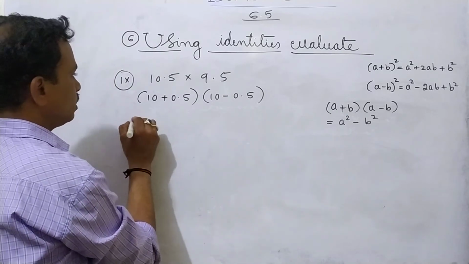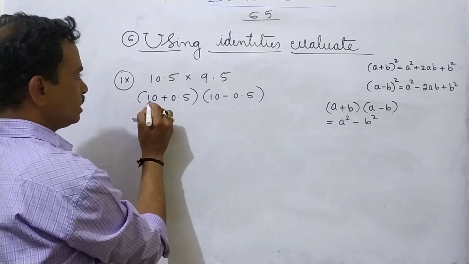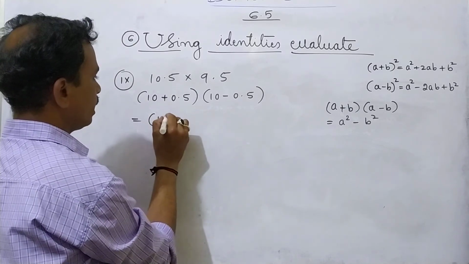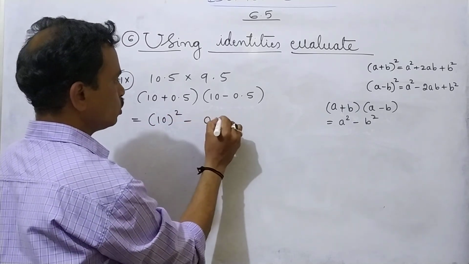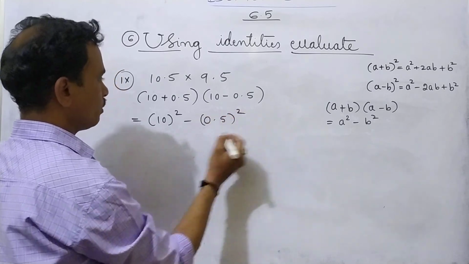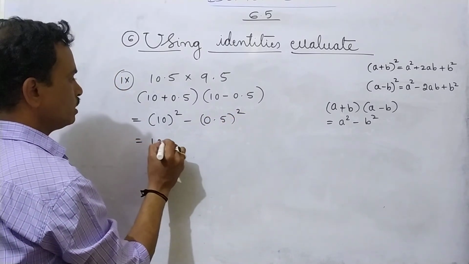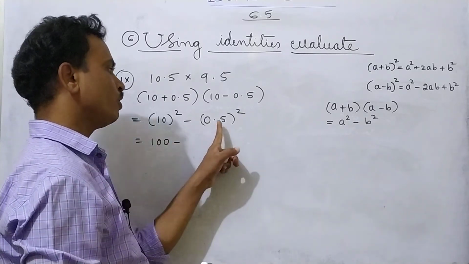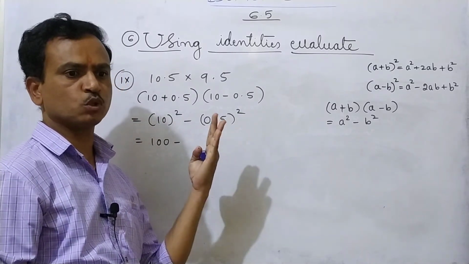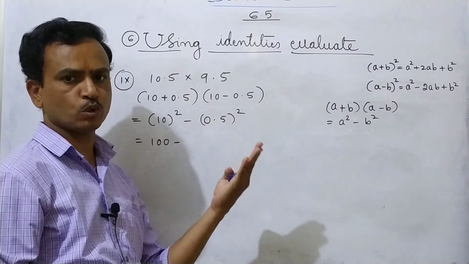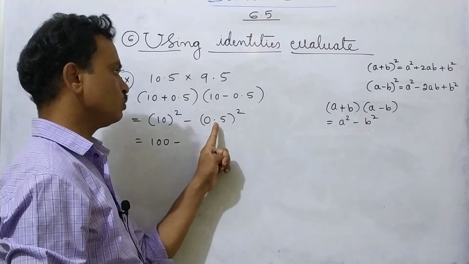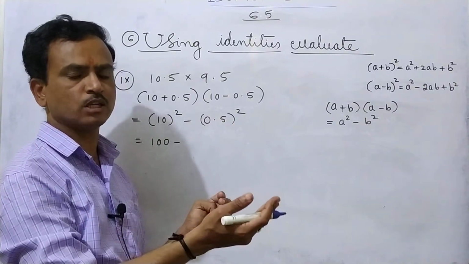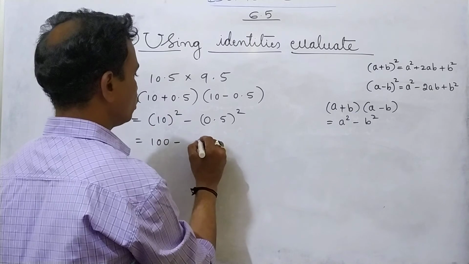So a is equal to 10, here b is equal to 0.5. So you can take here 10 square minus 0.5 whole square. So 10 square is 100 minus, now here 0.5 whole square, that means you should multiply 0.5 into 0.5. Just ignore the decimal point, take digit 5, 5 5s are 25. So you should write 25.